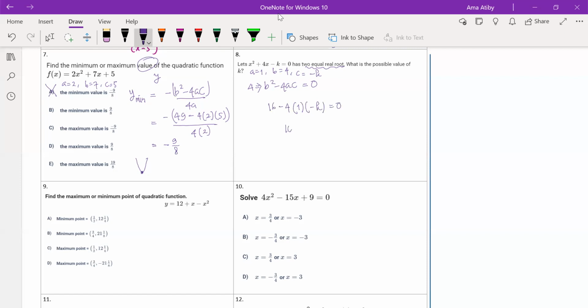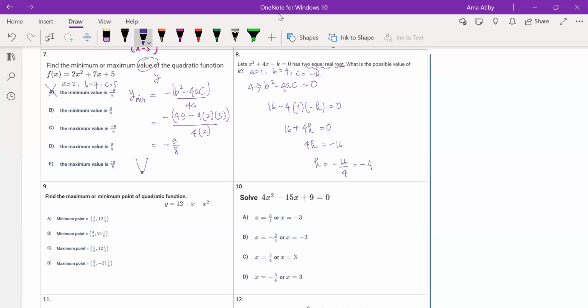So 16 minus 4 multiplied by negative k is positive 4k, equals 0. So 4k is equal to negative 16, and therefore k equals negative 16 over 4, or negative 4.